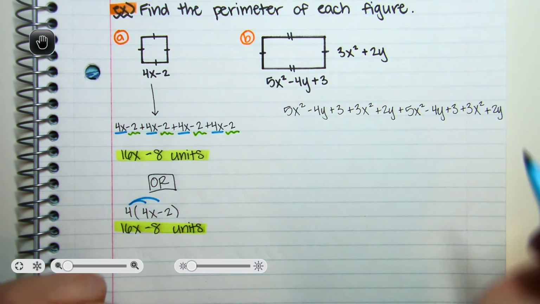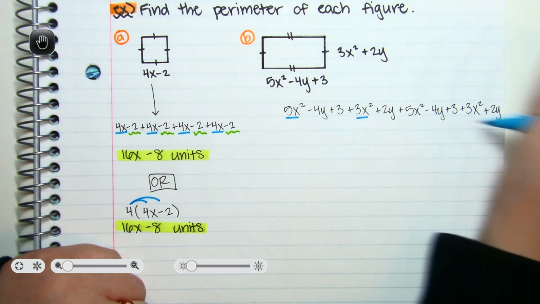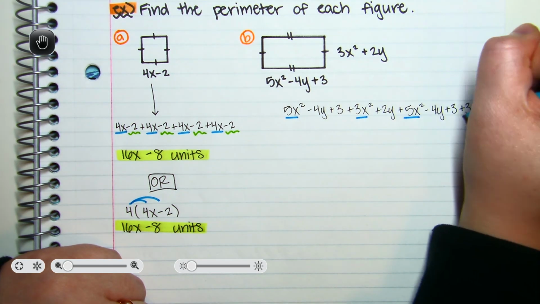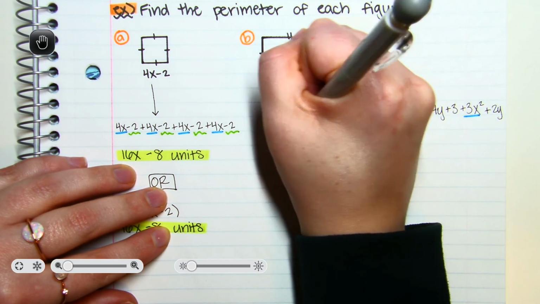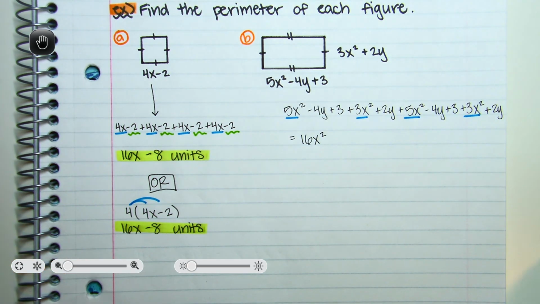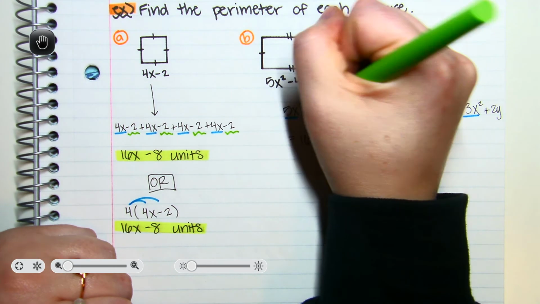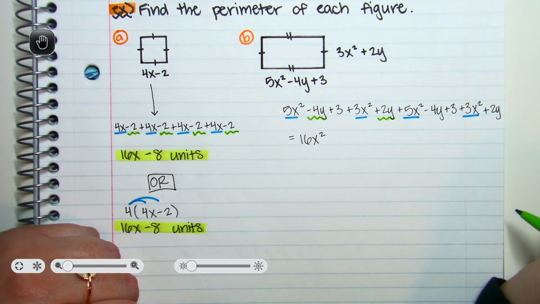So on my x squareds, I have 5, 3, 5, 3. So I have 16 of those total. So 16x squared. And then my y terms are next. So I have negative 4, positive 2. That's negative 2 total.